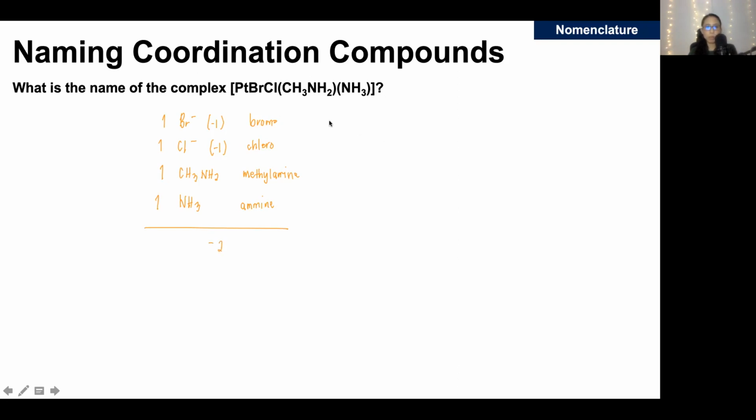And for the complex to be neutral, then your platinum center should have a charge of +2. So what is the name? That would be all of the ligands. We only have one of each ligand. So we start with amine. So that's amine bromochloro methylamine.